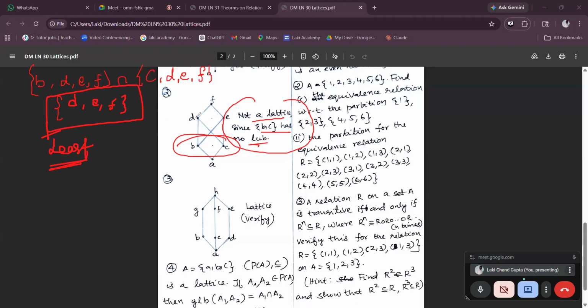Yes, there is no least value because this is not unique. Understood? Out of these three, can you decide which one is on the bottom? No, you cannot decide. So this is not a lattice. Understood? Because the pair B, C has no LUB. But you have to show it by matrix.